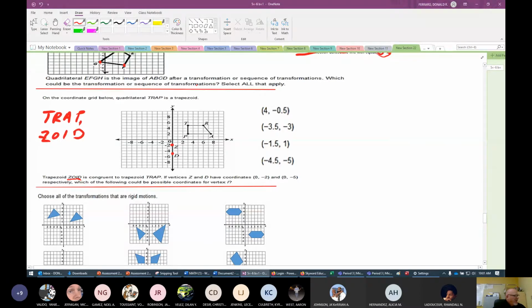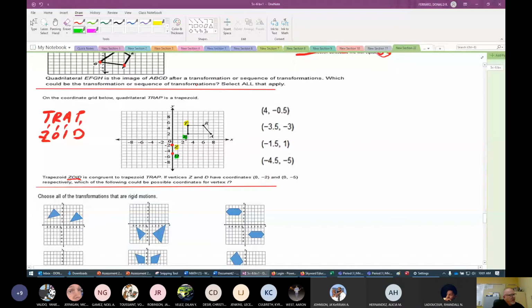P has to align with D, A has to align with I, R has to align with O, and T has to align with Z. So T and Z, I'll highlight those in yellow. These are associated with each other. Then we have D and P.